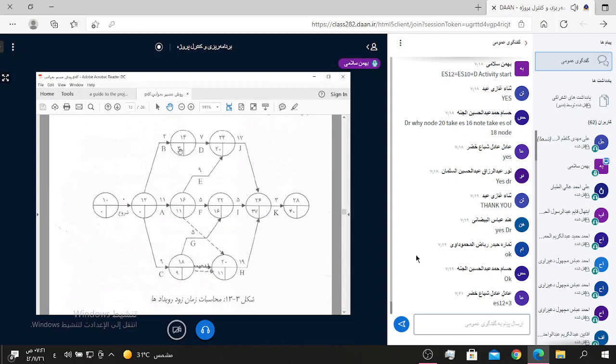This is the ES for node 14. If you have a question, you can ask me. If any student doesn't understand, then ask me to explain more.